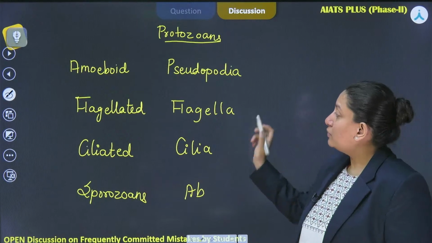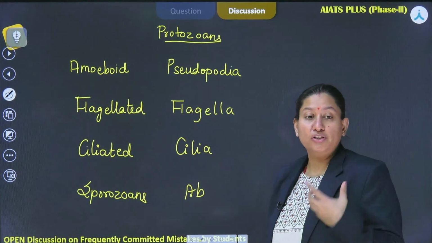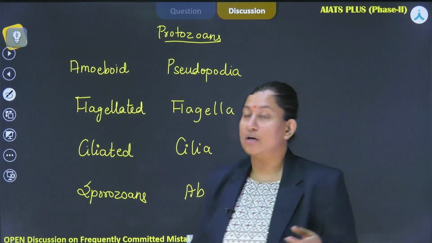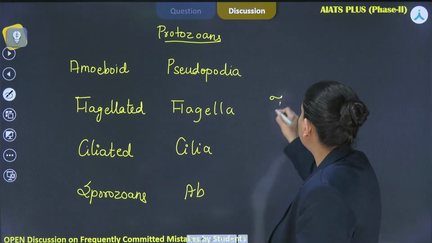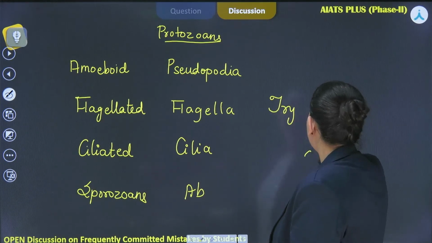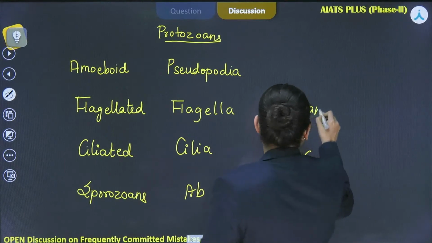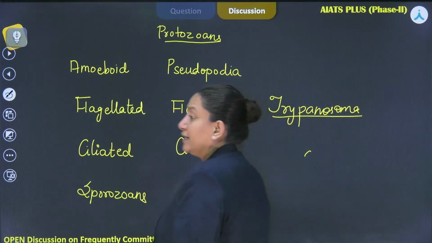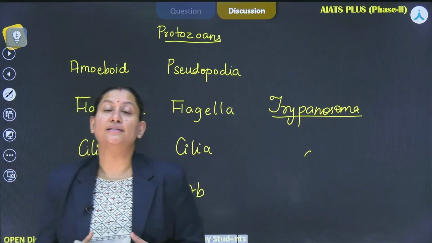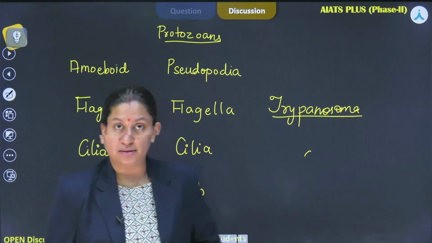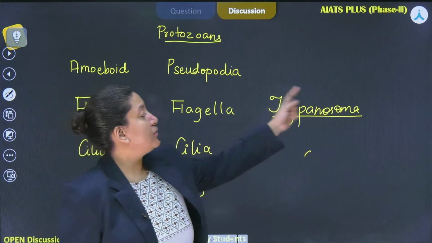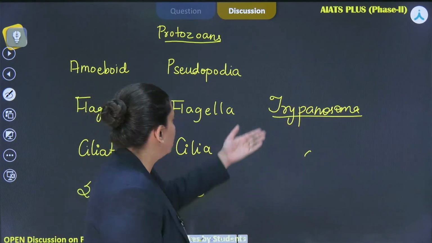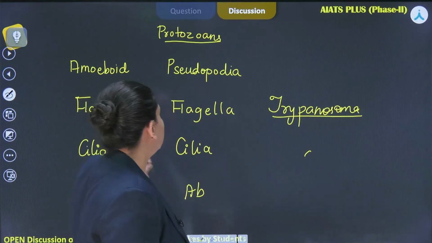Then when we talk about the flagellated protozoan, what's the most important thing on which the question comes? The organism that belongs to it, that is trypanosoma. This particular organism is responsible, or we could say is the causative agent of sleeping sickness disorder, right? So this is a question that's been frequently asked, right? So this is one of the examples of the flagellated protozoans.